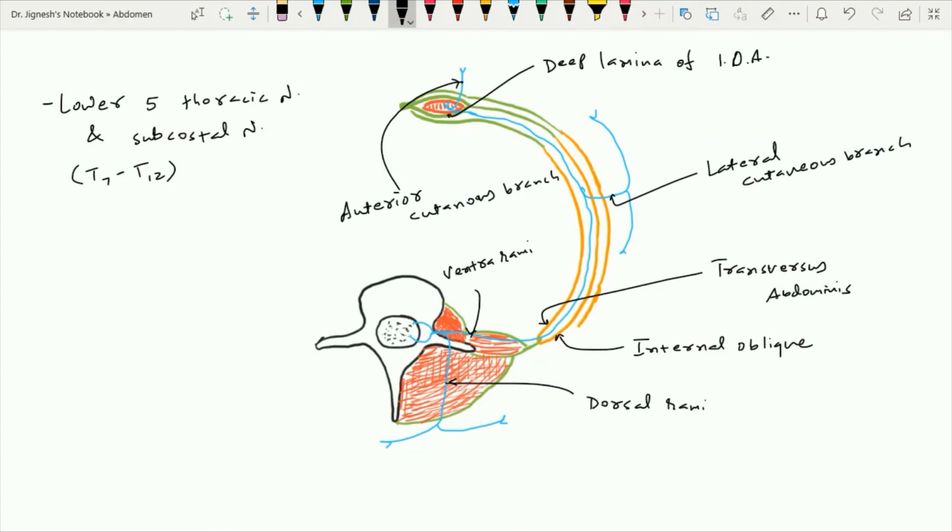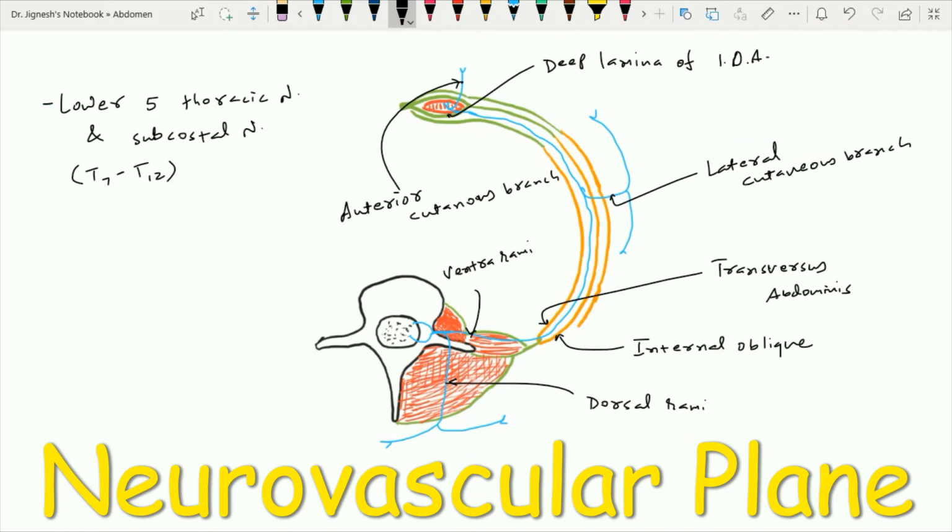So we can say that these nerves are present between the internal oblique and transversus abdominis muscle, and that's why this plane is called the neurovascular plane. So the neurovascular plane of the abdominal wall passes between the internal oblique muscle and transversus abdominis muscle.